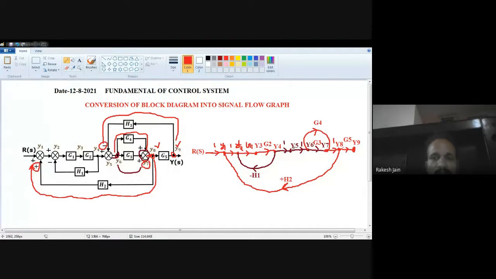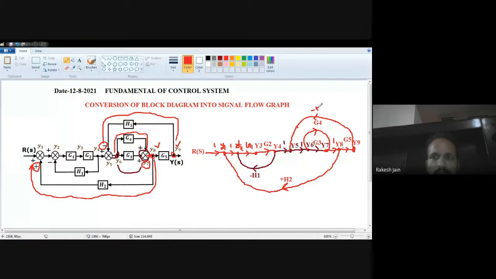So this is my y5, and I just draw a feedback from y9. Don't be confused with this. The direction is from the right hand side towards the left hand side, and the gain value is minus h3.